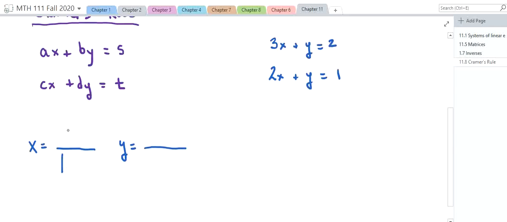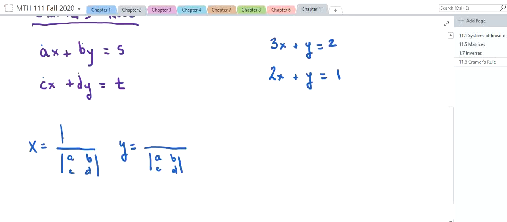The determinant in the denominator is going to be made up of the coefficients in front of the variables. So we've got a, b, c, and d. So that's that determinant. And the same for y. It's the exact same: a, c, b, and d. It's the coefficients in front of the variables.